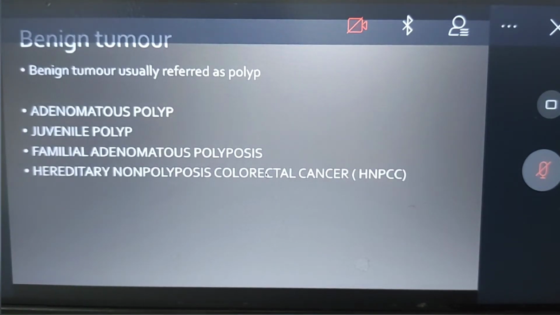We start with the benign tumors first, because some benign tumors have the risk of becoming malignant. Usually benign tumors are referred to as polyps. There are a few benign tumors: adenomatous polyp, juvenile polyp, familial adenomatous polyposis, and hereditary non-polyposis colorectal cancer.